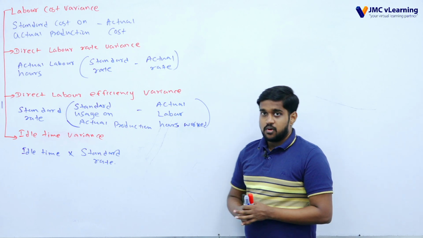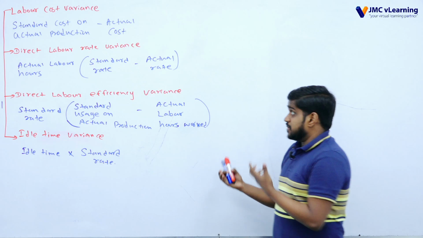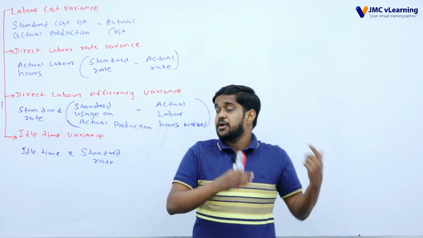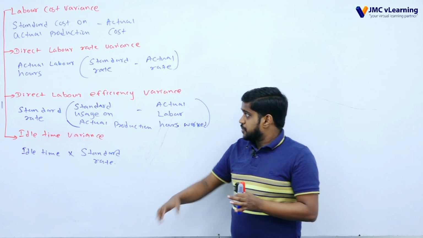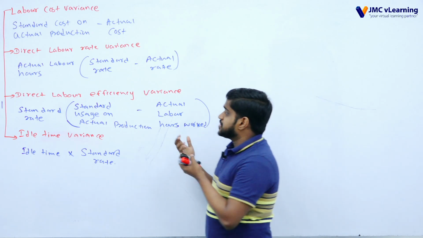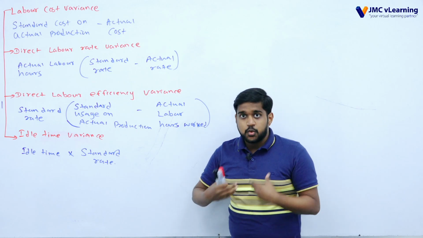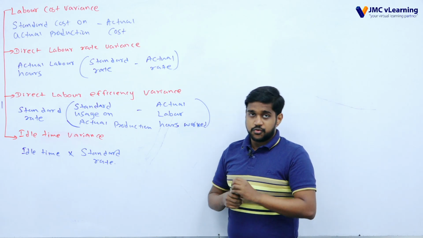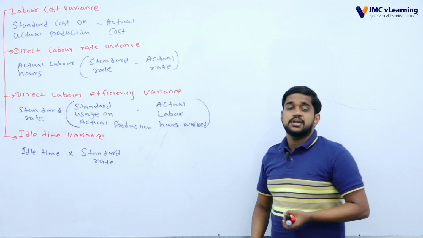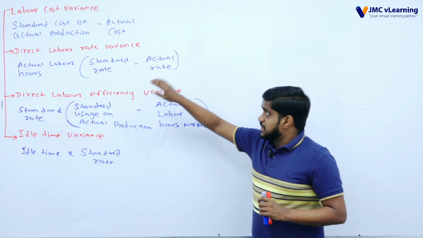We try to identify the impact from our direct labor rate, that means based on our payment, and otherwise the impact from our direct labor usage, the working times or the working hours. Based on this, we analyze this direct labor cost variance. That's the reason we identify three separate sub variances regarding the direct labor cost variance.